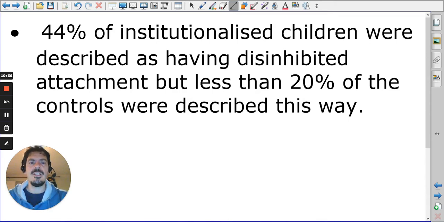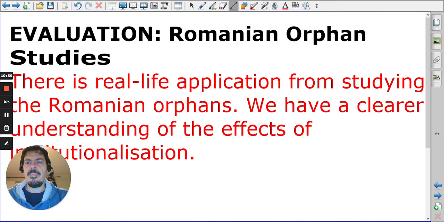From the institutionalized children, they were specifically said to have disinhibited attachment, but of course only a small group of the control group were. So once again we see that there's a clear indication between the disinhibited attachment and being in institutions.